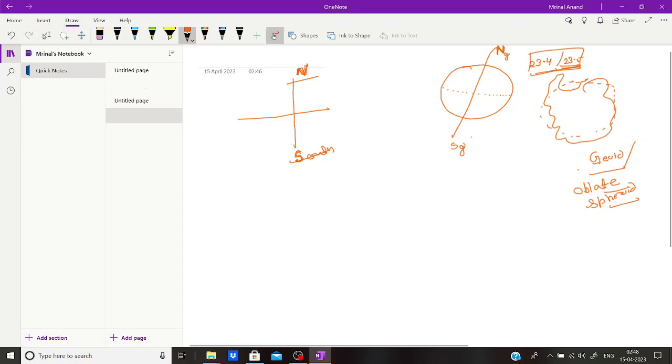But this geographical north is actually the magnetic south, and the geographical south is actually the magnetic north.